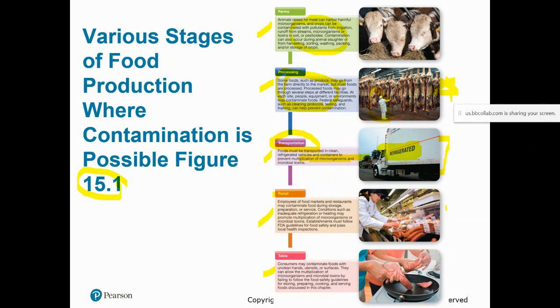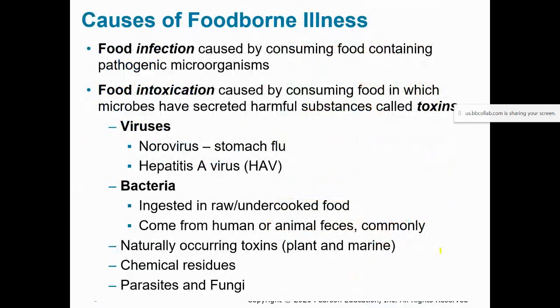Again, this is another place where contamination can occur, because especially if it's meat, you want to keep it very cold so that microorganisms can't grow. And then also at home, or maybe at a restaurant, so how we prepare the meat once we're ready to eat it. Oftentimes we have to cook it to a high enough temperature to make sure that if there were any organisms still living in the flesh of these animals, we kill off those microorganisms before ingesting it ourselves.